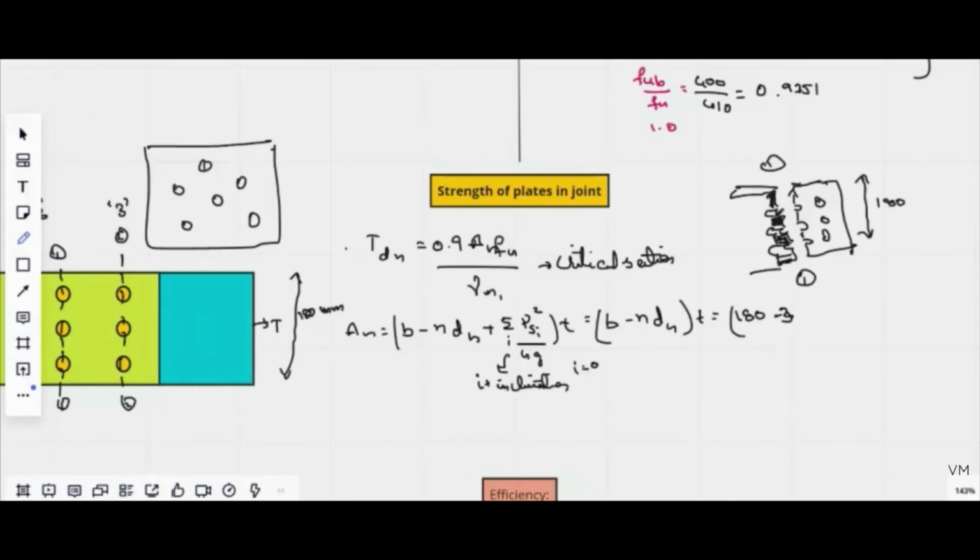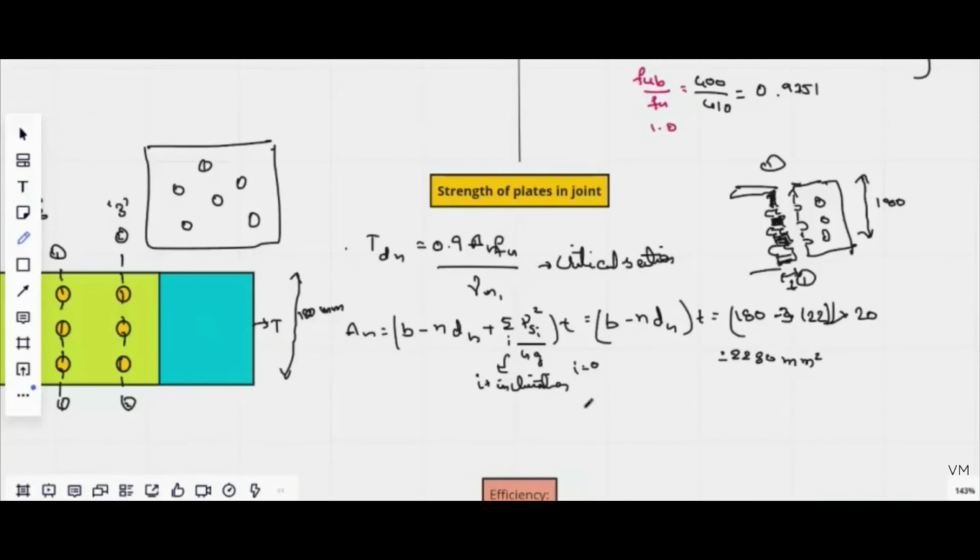We are calculating net area. There is an empty space here, minus 3 into diameter of bolt hole, which is 22 mm, into the thickness of plate, which is 20 mm. So if I calculate the net area of plate, this value will be 2280 mm square.